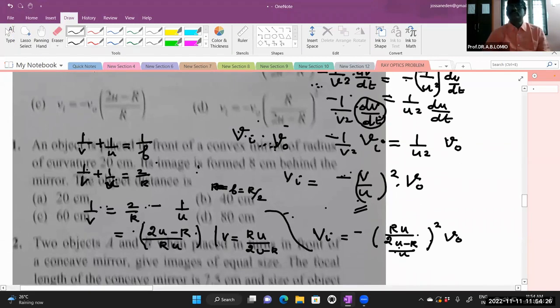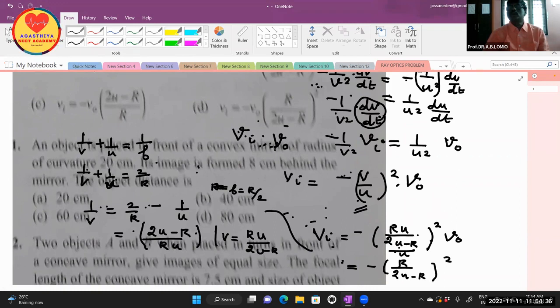Then u gets cancelled. So the final expression becomes minus r divided by 2u minus r whole squared, v naught. This is the final answer. We have modified the above formula in terms of u and r.